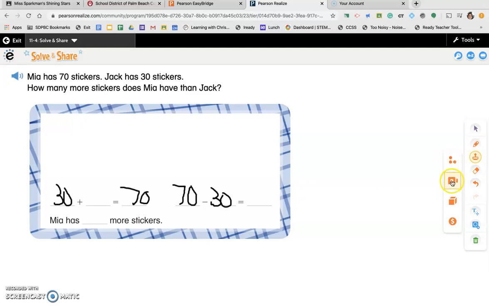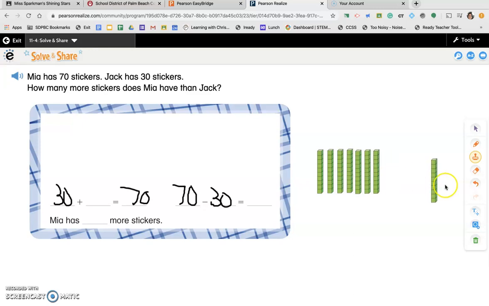We are going to take 7 tens. 1, 2, 3, 4, 5, 6, 7. Now we are going to take away, because Jack has 30 stickers, 3 tens. 1, 2, 3. Now we have 4 tens left.